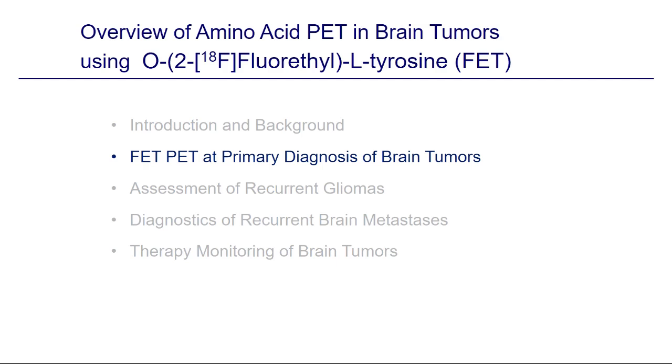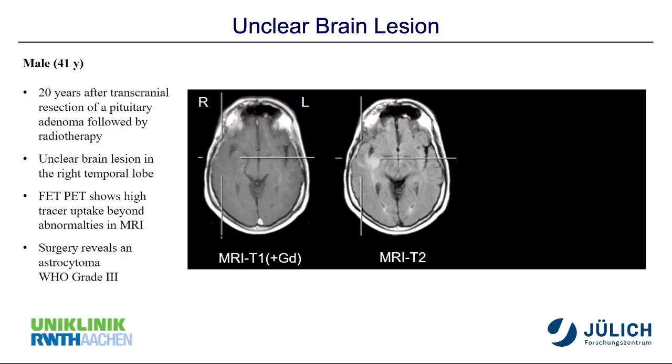In the following, I would like to demonstrate the clinical use of FET PET in more detail, starting with its application at primary diagnosis of brain tumors. This patient was referred for FET PET to further investigate an unclear right temporal mass, showing no contrast enhancement on MRI. 20 years before, the patient had transcranial resection of a pituitary adenoma followed by radiotherapy.